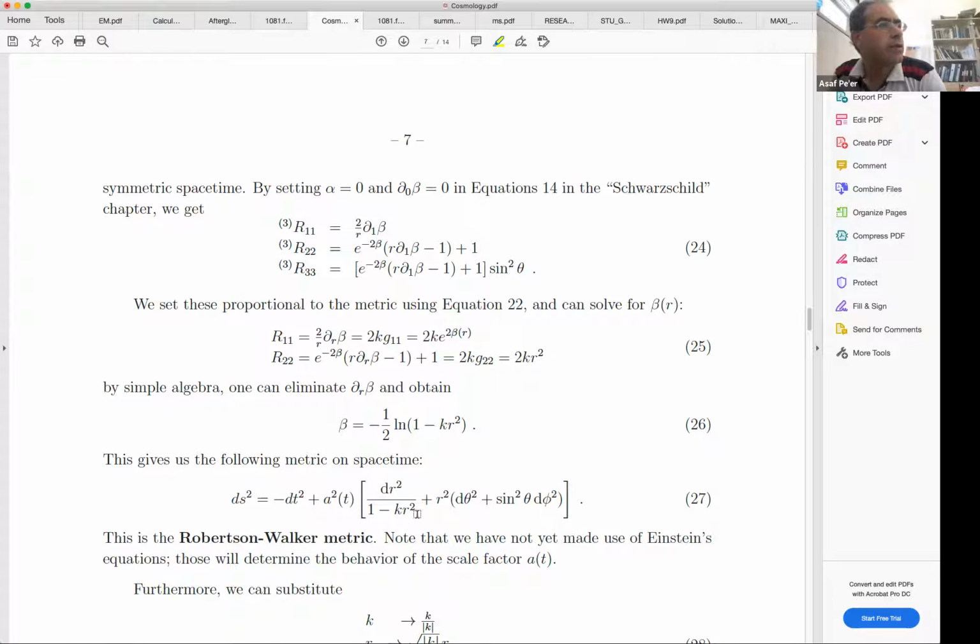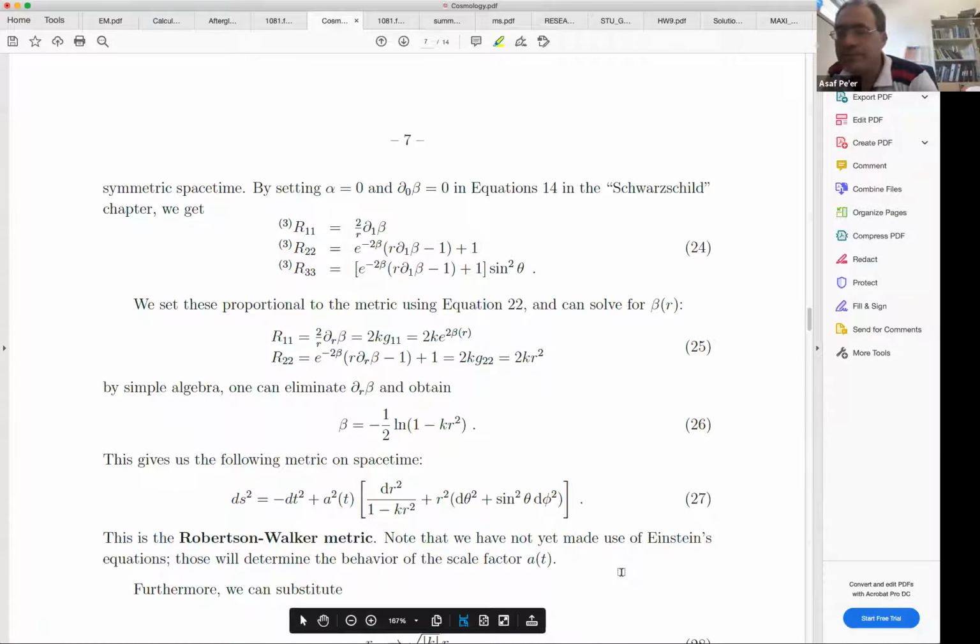Okay. Now, in principle, this constant k, the curvature constant k, can have any value. I did not say what value it has. I just say it's a constant. But in practice, we don't really care because we can always renormalize.